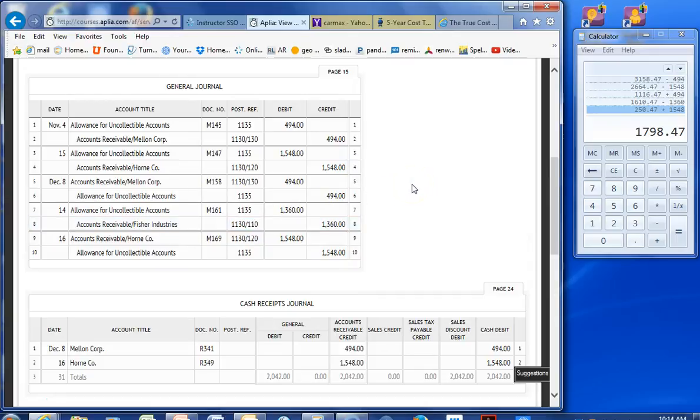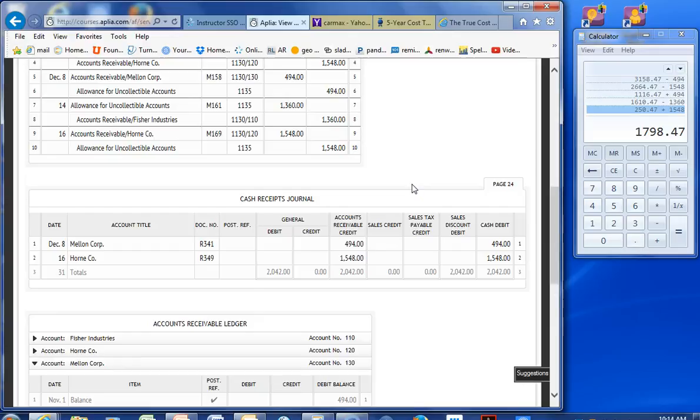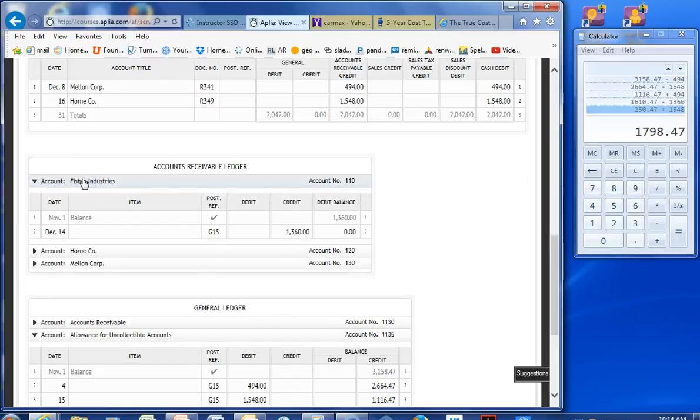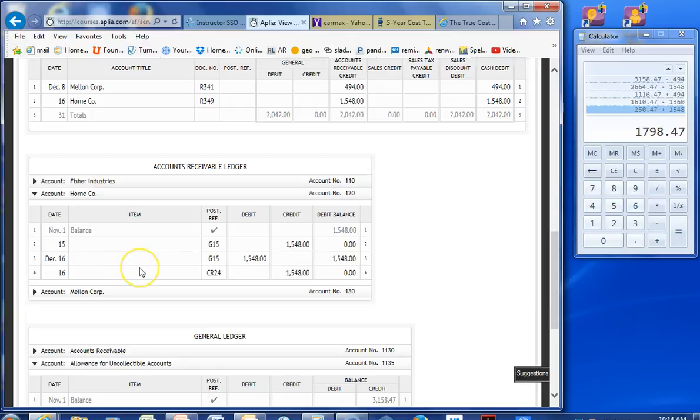Alright, let's see if we forgot anything else. We did all the cash receipt journal. I don't know if we were supposed to total it on the last thing, but they totaled it for us. Very sweet of them. We filled in Fisher's, all done. Horn, a little bit more.